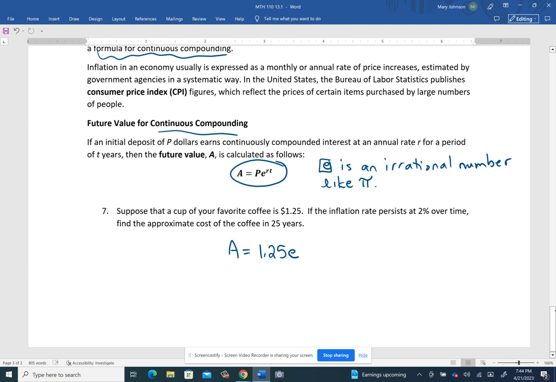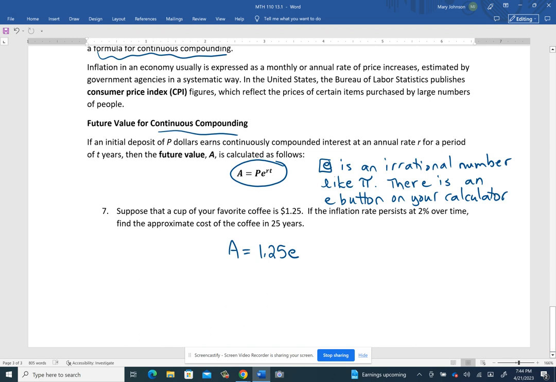There is an E button on your calculator, so you need to find it. On most calculators, it's usually associated with the LN button.